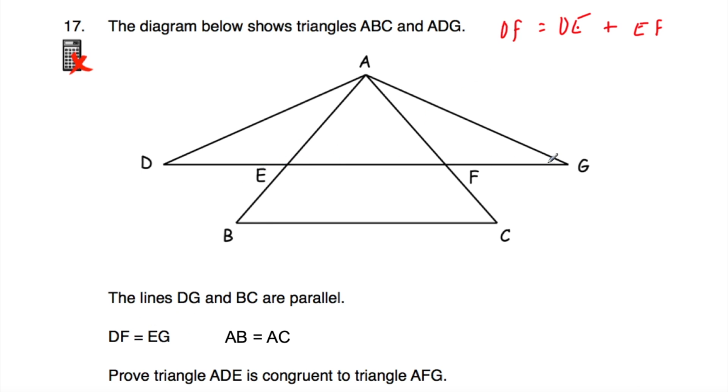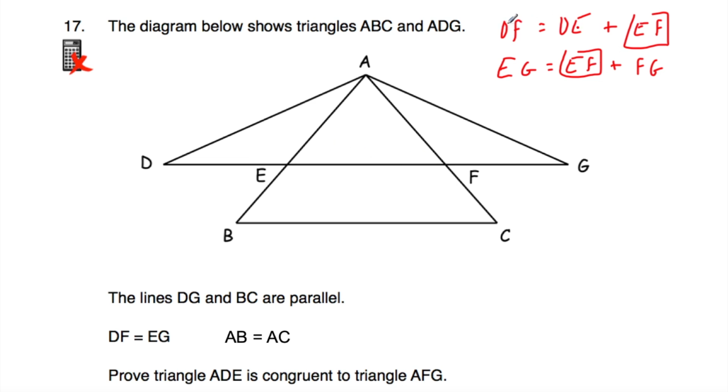So let's have a look at EG now. EG would be equal to EF plus FG. Now, both of those, DF and EG, have EF in common. You've got EF there and EF there, because from D to F would be that distance plus that distance, but also from E to G would be that distance plus that distance. So EF is in both of those.